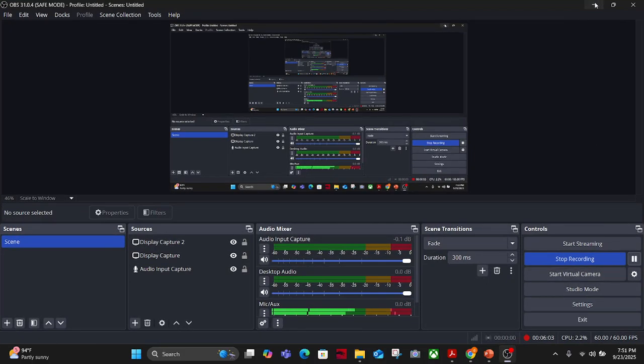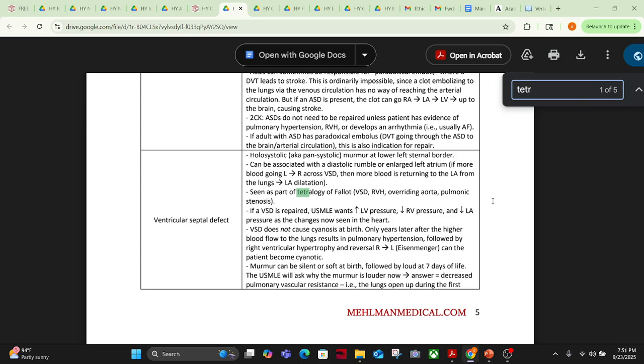In tetralogy of Fallot, there is going to be increased right ventricular pressure, decreased pulmonary artery pressure, and decreased left atrial pressure.